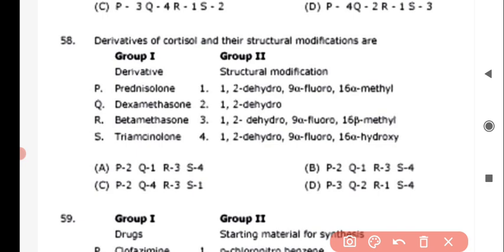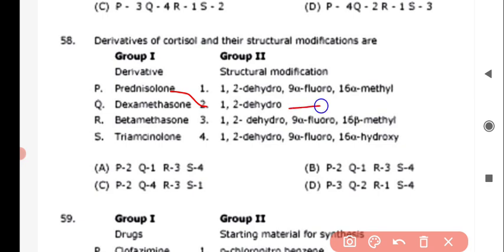In the next question, the group 1 contains the derivative and the group 2 contains the structural modification. So for prednisolone, the correct answer is option number 2, that is 1,2-dihydro 9-alpha fluoro 16-beta methyl.